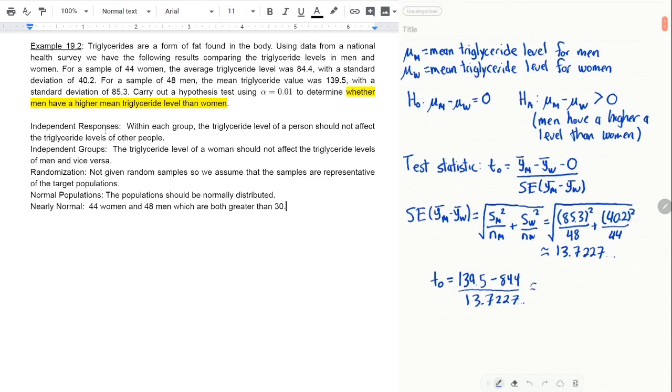If we round this to 3 decimals, our test statistic is 4.015.